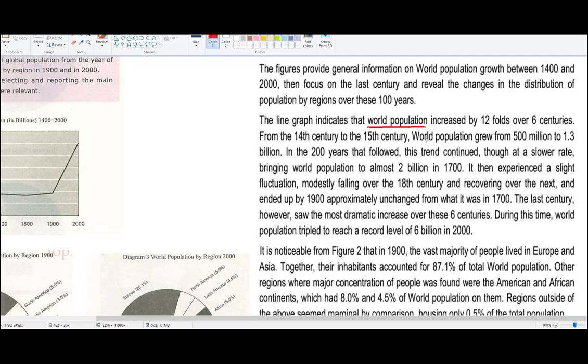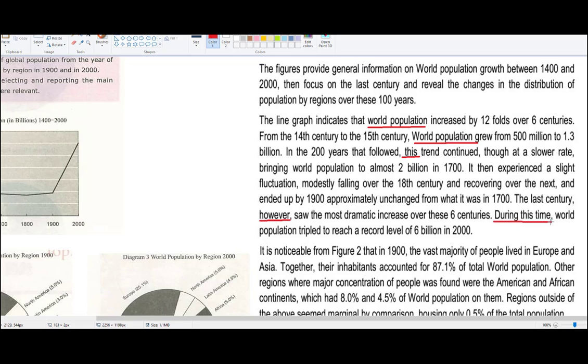World population, world population. Why is there no substitution here? Okay, so this trend increase, it then experiences slight fluctuation. Okay, here we have however to show contrast.